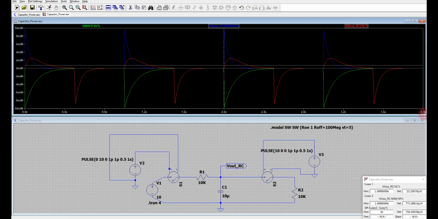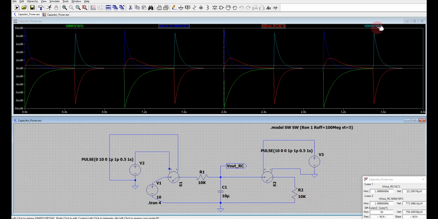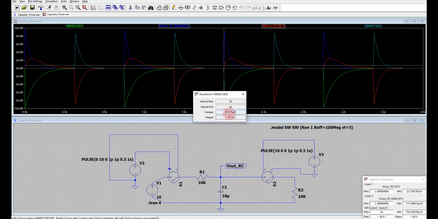If you take a larger time, then it will be okay, but you can't see the waveforms; it will be cluttered. Similarly, if I do the power of this resistance, this is the power of that resistance. If I click here, that will be again 477. That is almost half of that.